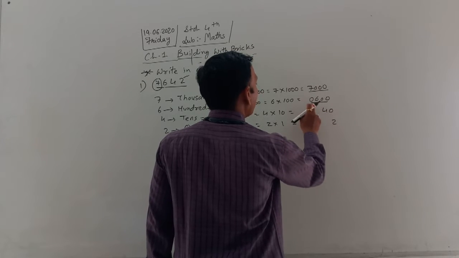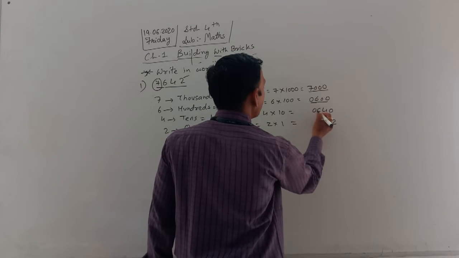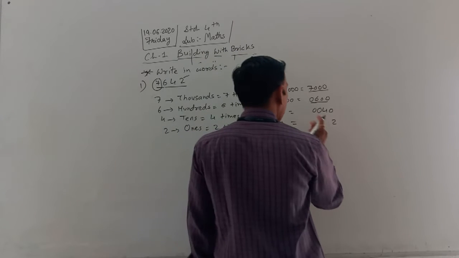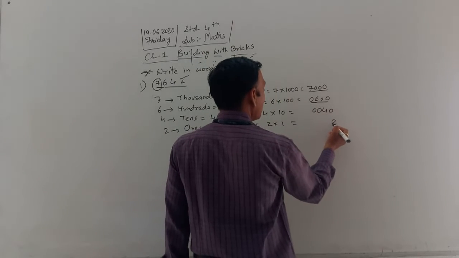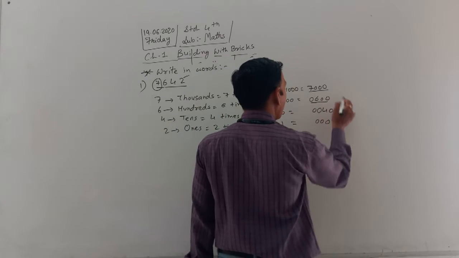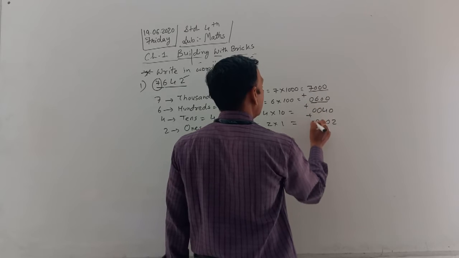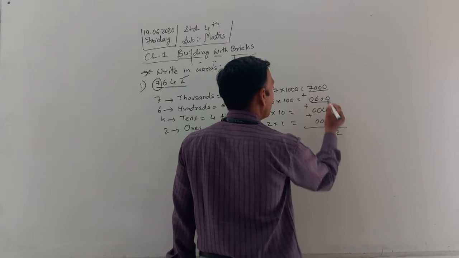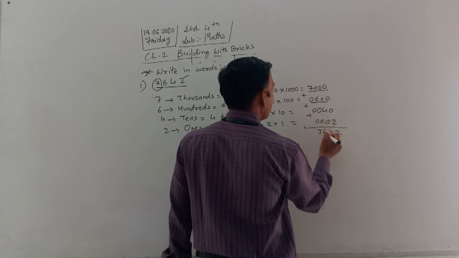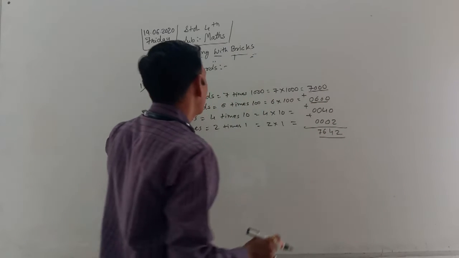Here are 2 digits, but we want 4, so add 2 zeros before that. Here we will write 3 zeros, so that it becomes 4 digits. Now all are 4 digit numbers and we can add easily. 2, 4, 6, 7. So 7, 6, 4, 2 comes here.